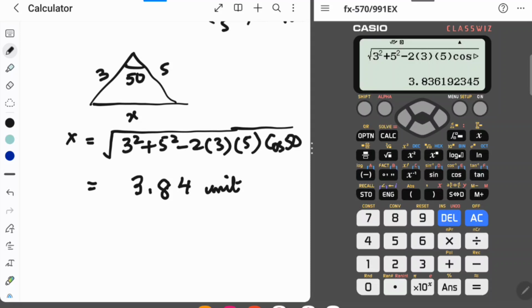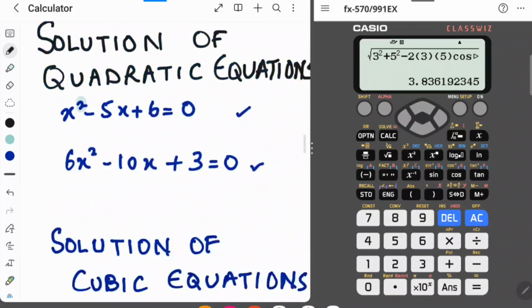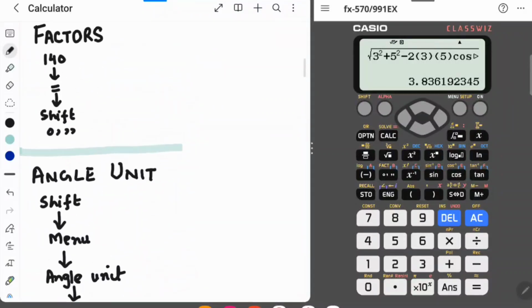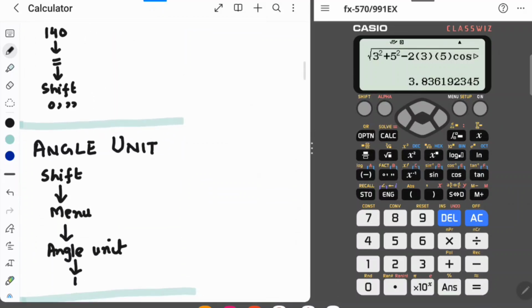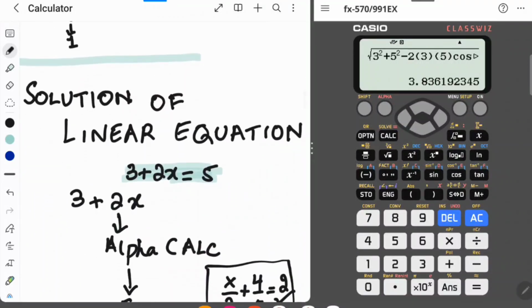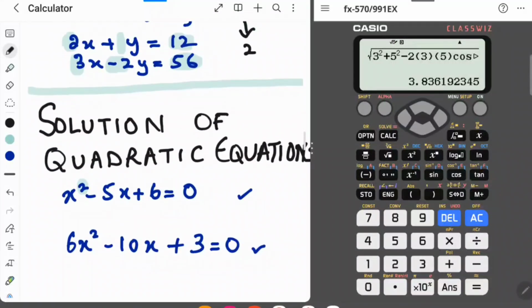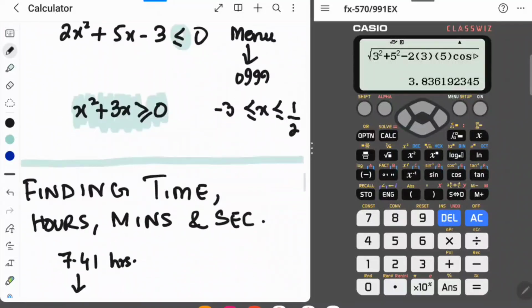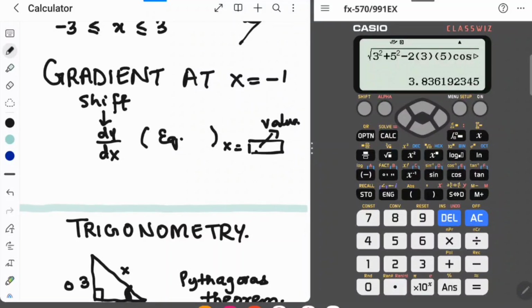All right, so we have discussed so many things here. First of all, I told you how to reset the calculator, then prime factors, in the index form, how to get the number, angle unit, how to fix, rounding of number, and then standard form and fixing the numbers to some decimal places, linear equations, how to solve directly, and solution of simultaneous equations, solution of quadratic, solution of cubic, quadratic inequality, finding time, hours, minutes and seconds, table for the graph, how to confirm the answer, the gradient at some point, and that is very useful because you will get the full marks.